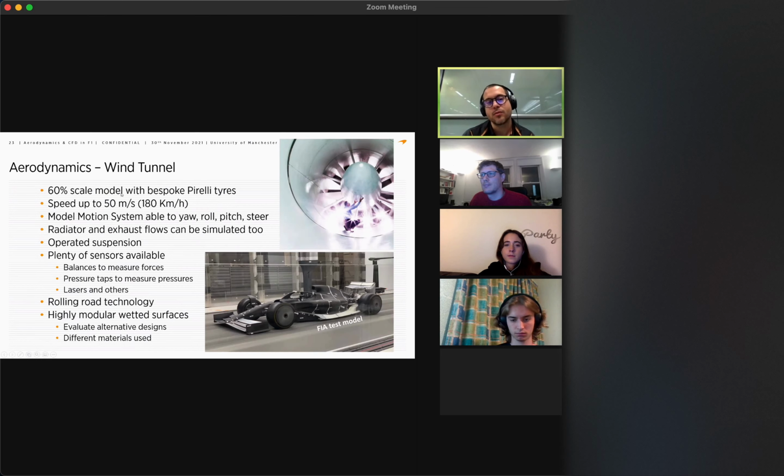Regarding the wind tunnel, we are running a 60% scale model with bespoke Pirelli tires, and your maximum fan speed is 50 meters per second. We have model motion systems to replicate your roll, pitch, and steer. So overall, you have a good capability of replicating track conditions.